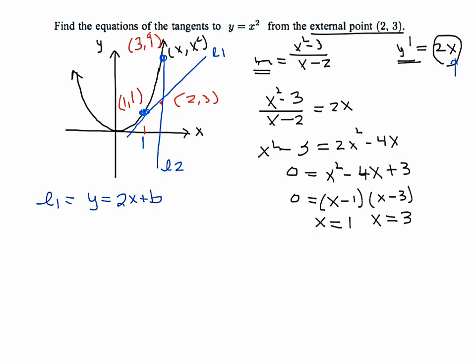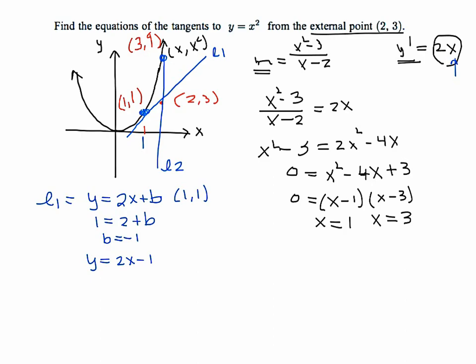Plug in the x and y value of (1, 1). 1 is equal to 2 plus b, and we can find b is equal to -1. So the equation will be y equals 2x minus 1.